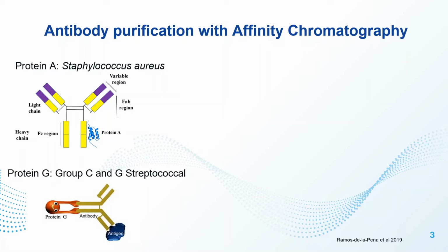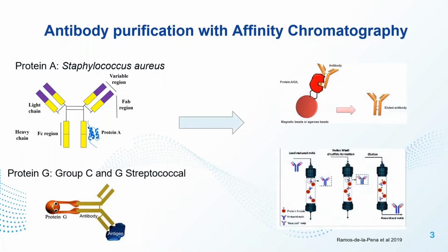Both proteins can bind specifically with strong affinity to the Fc portion of the immunoglobulin molecule. Therefore, considering this unique feature, both proteins can be used as a capturing part for the purification of different antibodies which are produced inside the laboratory.